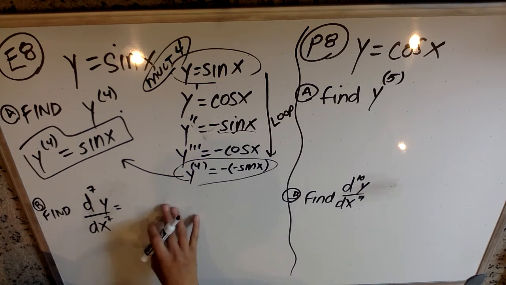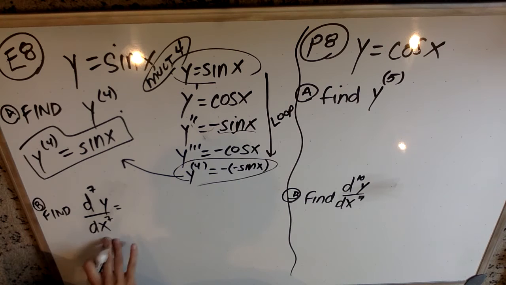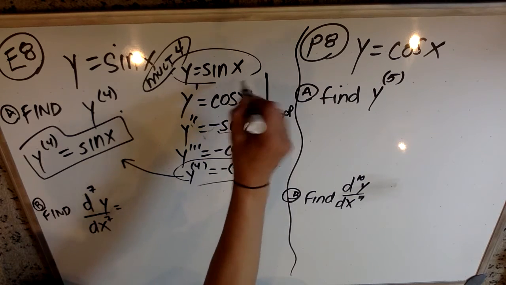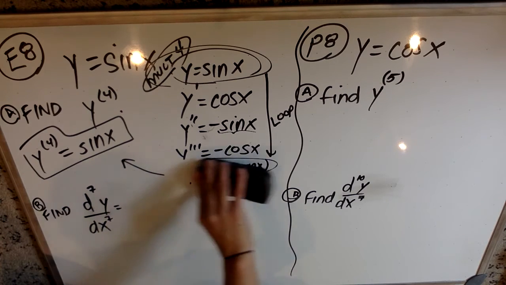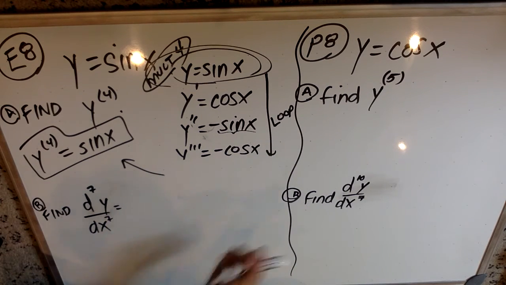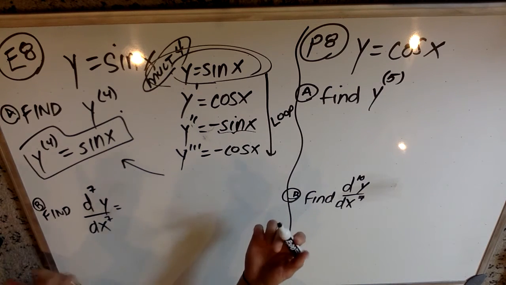So the reason that's useful is if I know that the multiples of 4 loop me back, instead of differentiating 7 times, which I could do if I really wanted to, I could instead notice that this is all the multiples of 4, right? So if instead I erase this so that we're clear that there's only 4 items in the loop, it's 4 items and I loop back to the top. One way to do it is to physically just count.